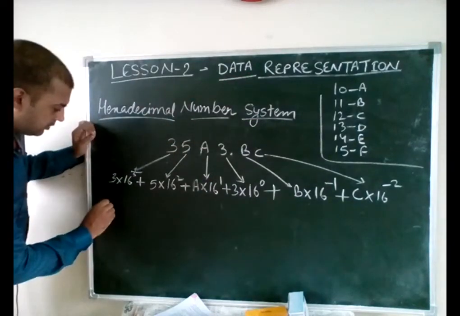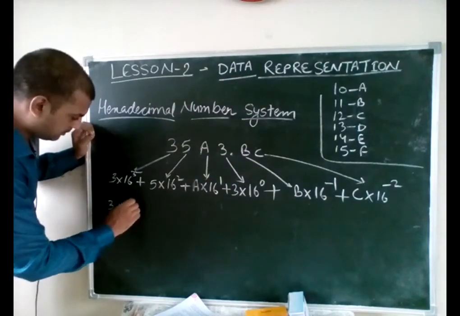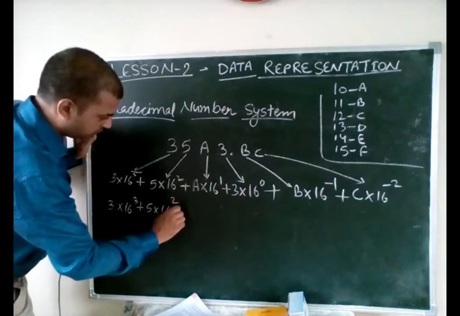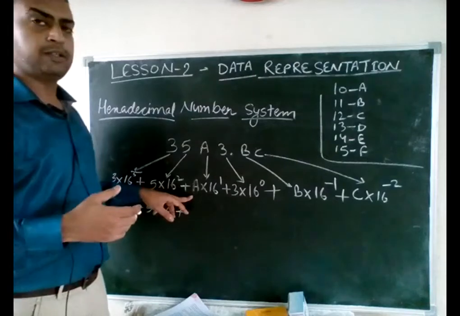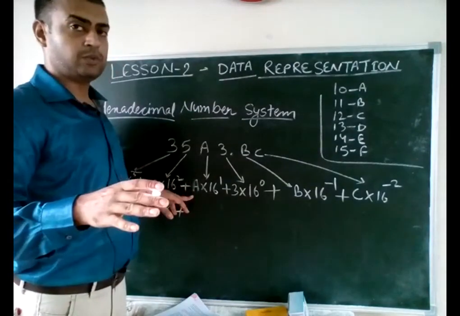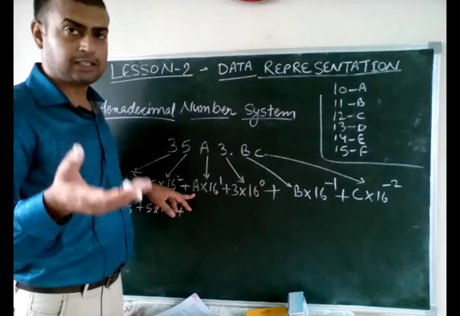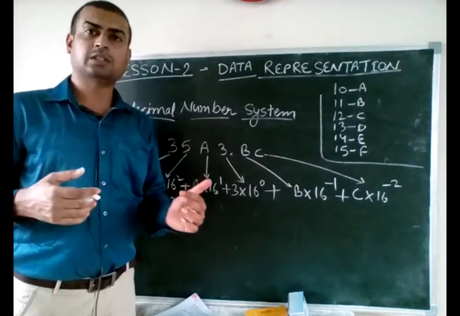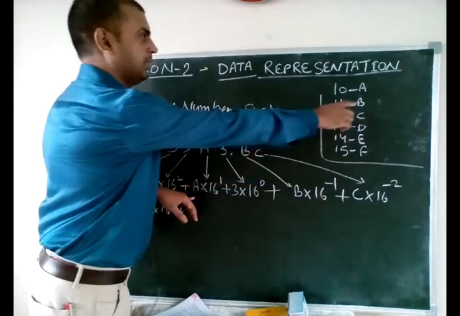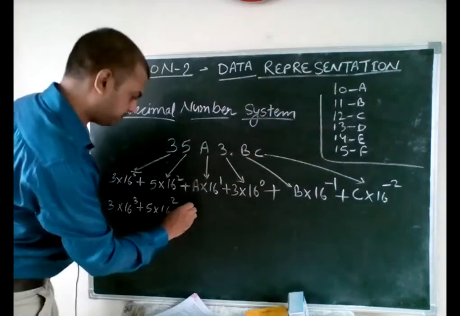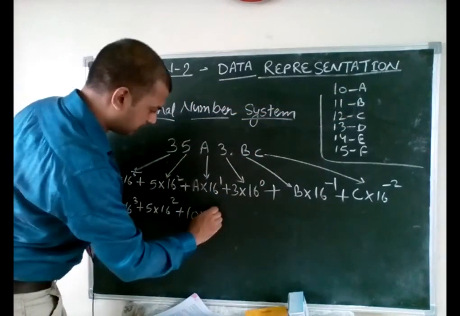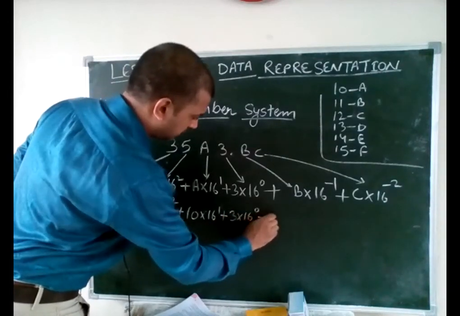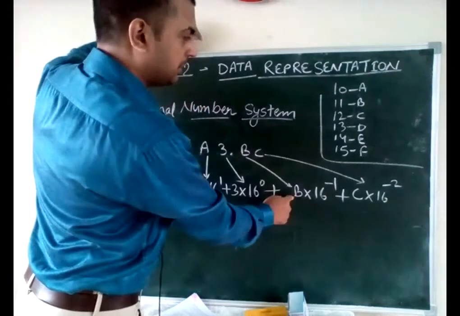You will evaluate 3 into 16 to the power 3, 5 into 16 to the power 2, plus what is the value of A? This is only for representing the value here, so we will not be worried about this A. We will use the value of A, 10, into 16 to the power 1, plus 3 into 16 to the power 0, plus what is the meaning of B?